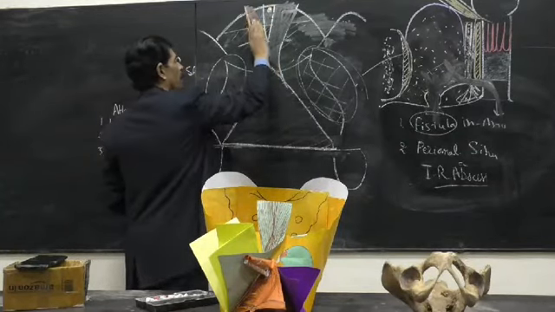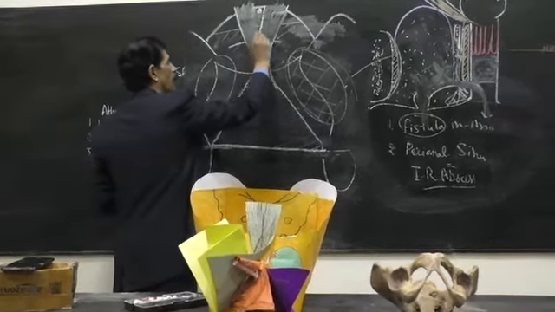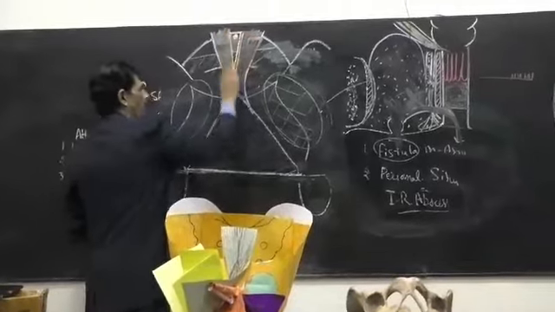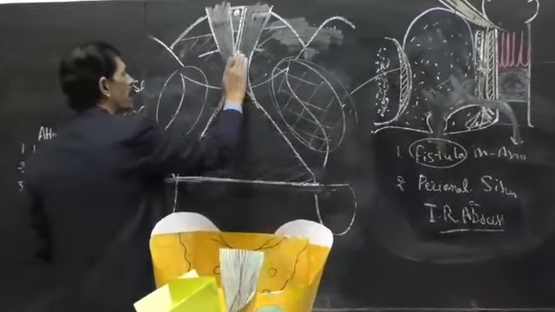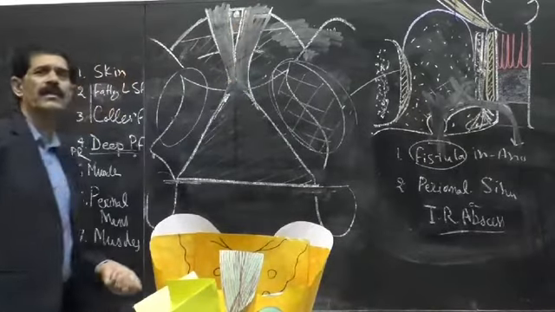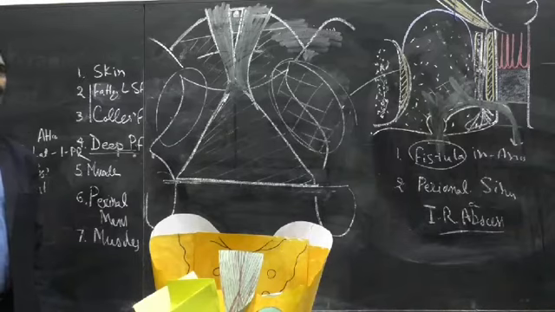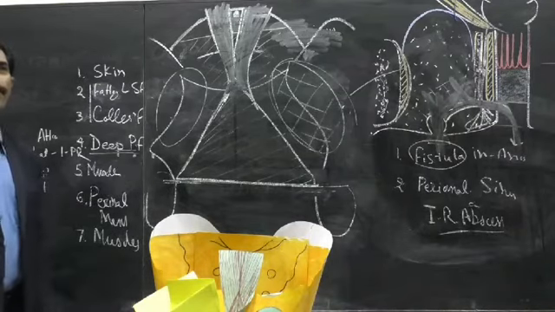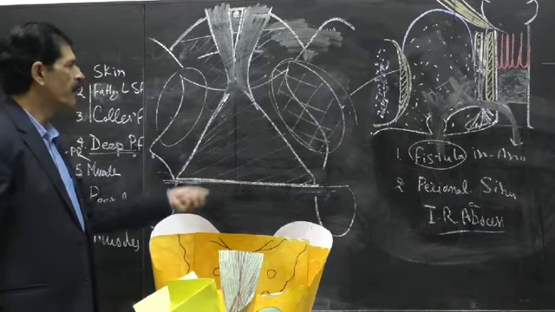Underline it. It is not given in your book. So this fascia from the perineum is continuous with the rectus sheath of the abdomen, which acts like a deep fascia of the abdomen, having two layers of aponeurosis, posterior layer and anterior layer. So it is continuous with the anterior wall of the rectus sheath.